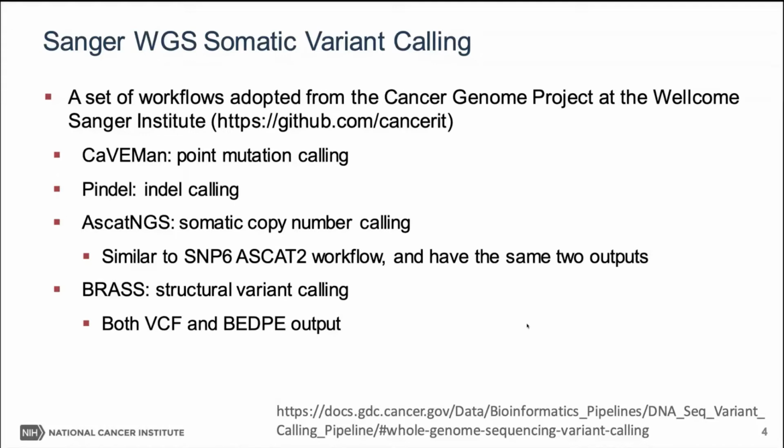In this particular BRASS output, there are 2 types of files. One is a VCF file, the other is a BEDPE file. They are roughly equivalent. By equivalent, I mean if we have a variant record in the VCF, it will have a corresponding record in the BEDPE. The reason for having 2 different formats for the same information is because, as we know, VCF 4.0 is not the best format to store structural variant information.